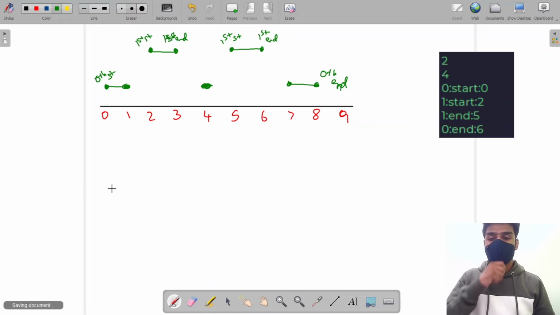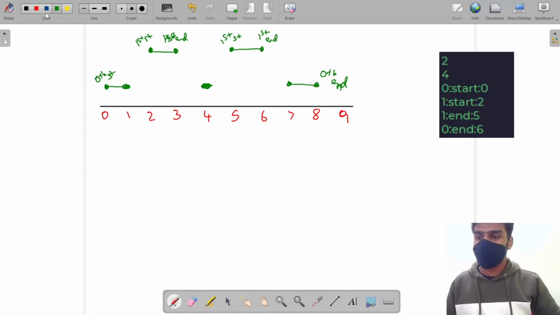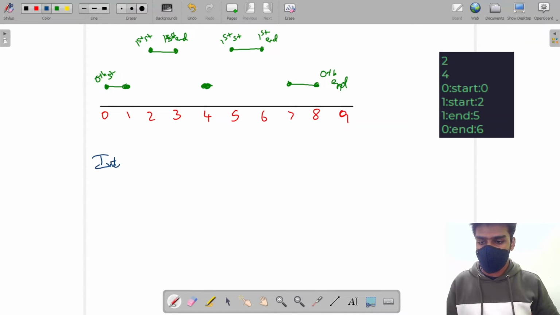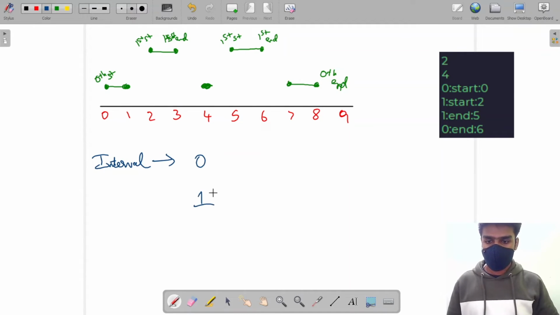So if you want to find the execution time, firstly I will write the interval of 0, 1. I'll first calculate it for 1.